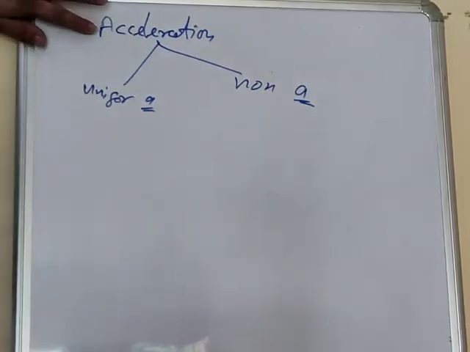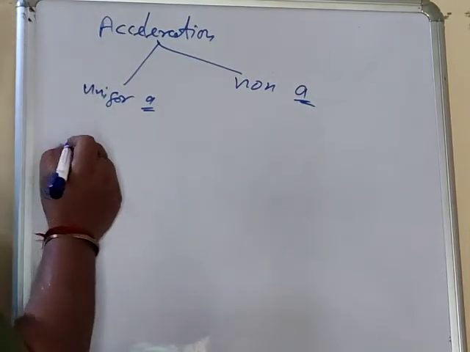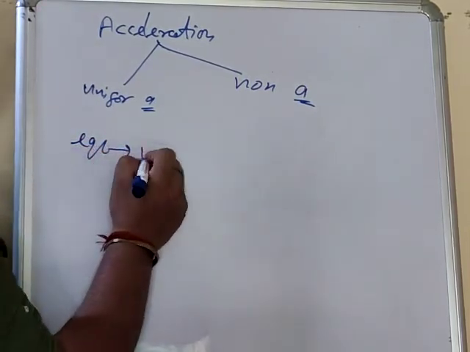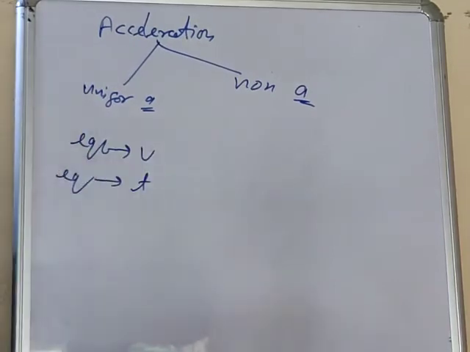Equal change in velocity with respect to time is acceleration. So equal change in velocity with respect to equal change in time is known as uniform acceleration.